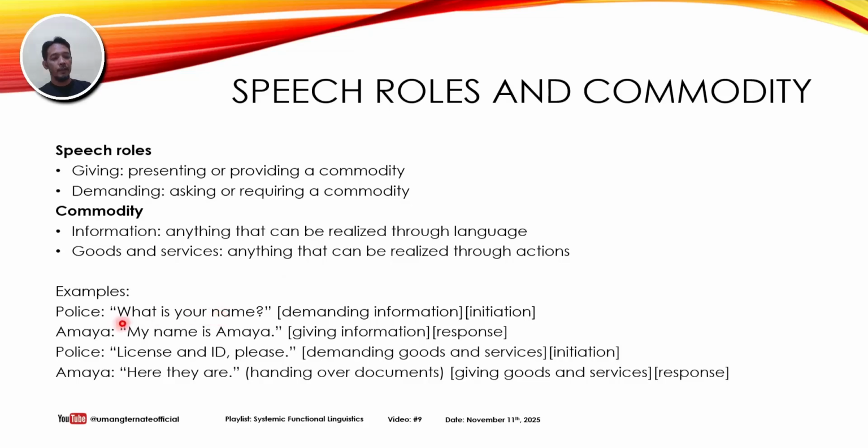Okay, and then Amaya responded, "My name is Amaya," which in this case the speech role is giving and the commodity is information, because a name is basically a word, something that can be realized through language.